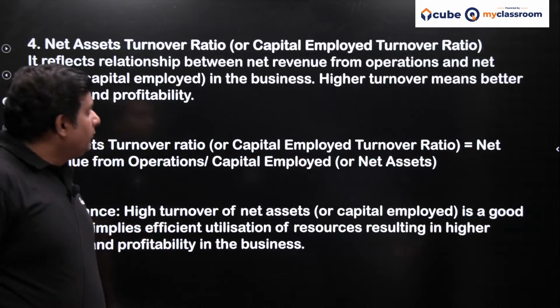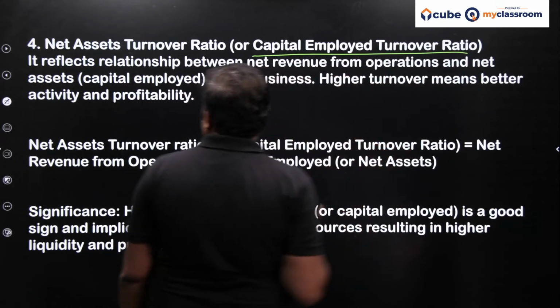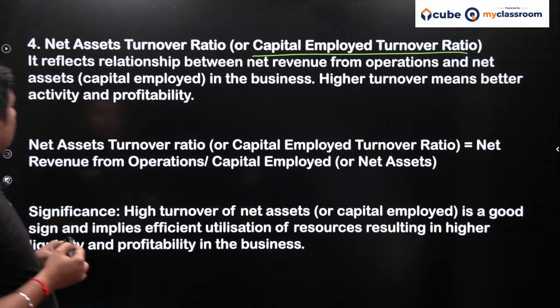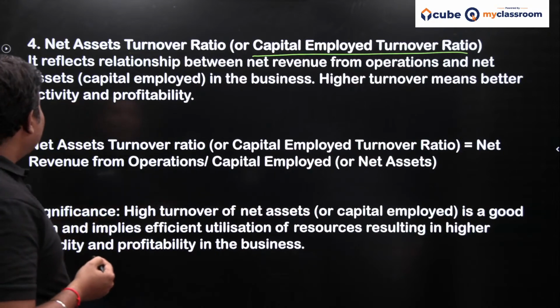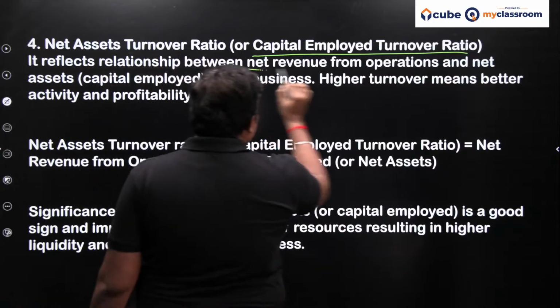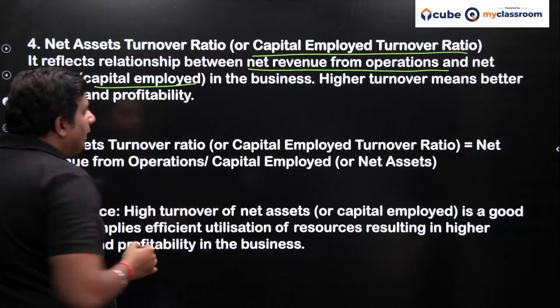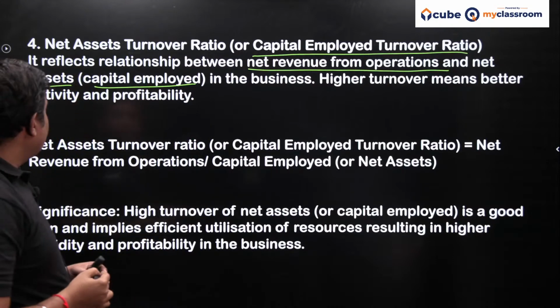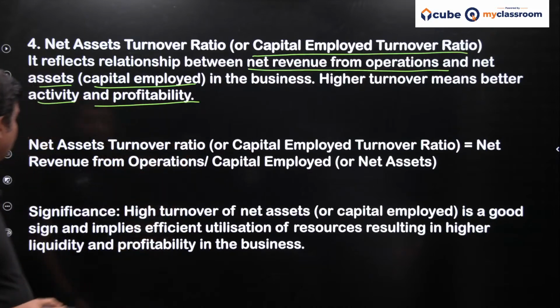net asset turnover ratio, or we can also call it capital employed turnover ratio. It reflects the relationship between the net revenue from operation and net assets, or capital employed in the business. A higher turnover ratio means better activity and profitability.